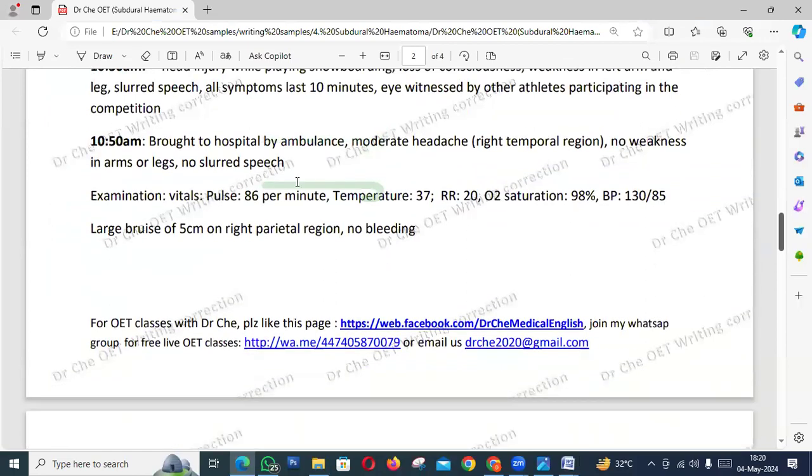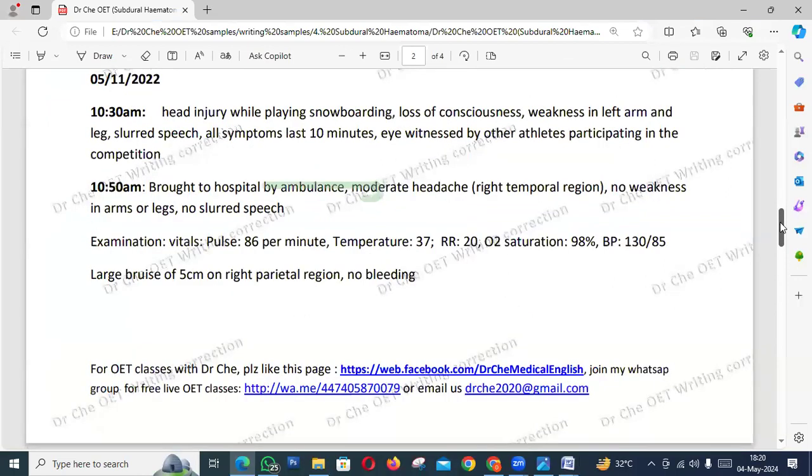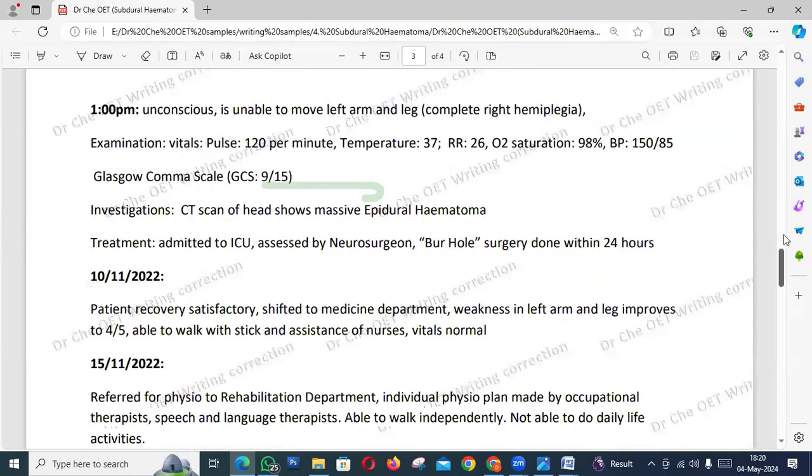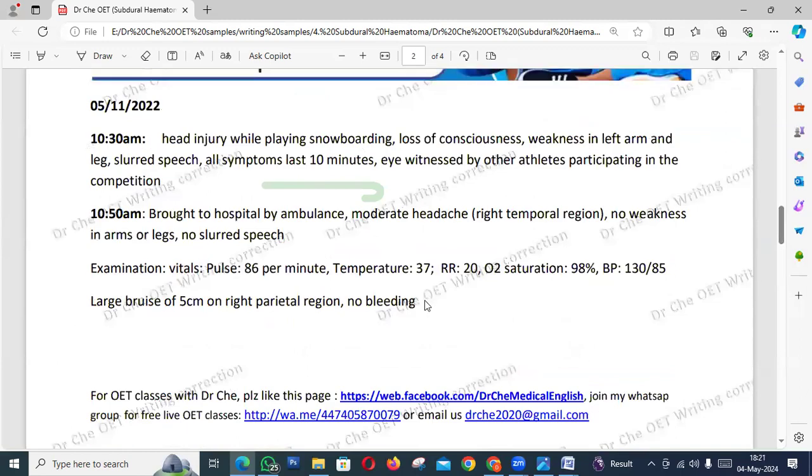Okay. So if you see, I have already cheated from my model answer. So here is 10:30. We have here 10:50. Instead of writing the time again, you can say after 20 minutes. After 20 minutes, then you have here this information.